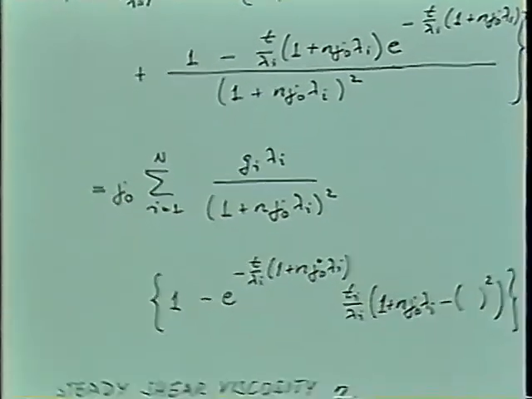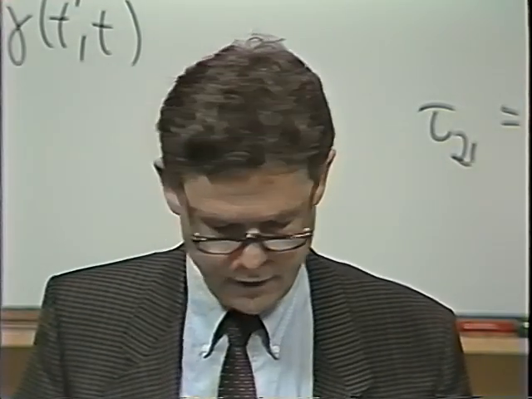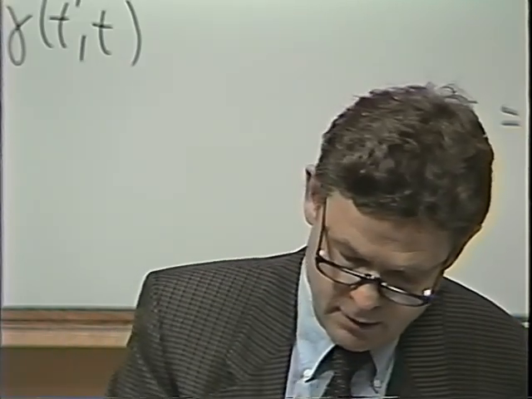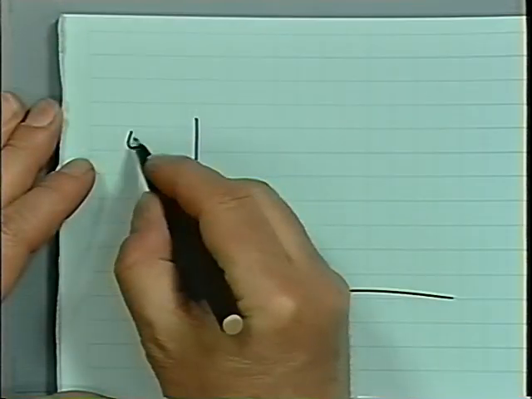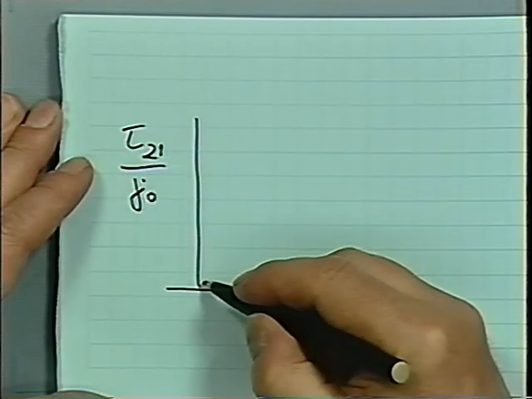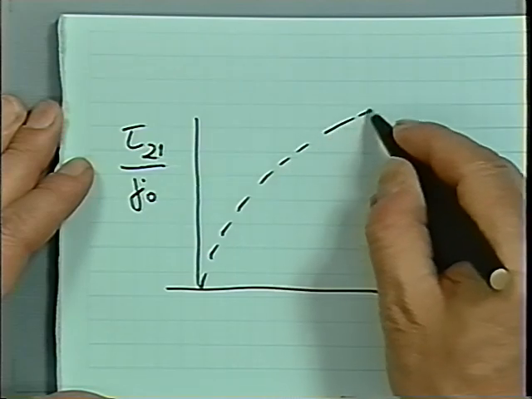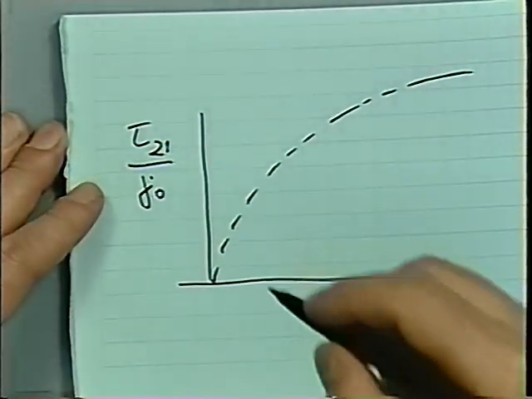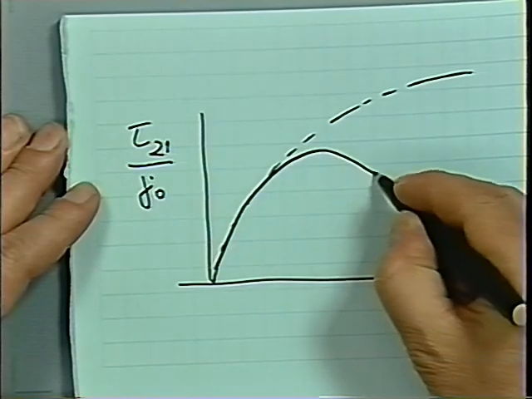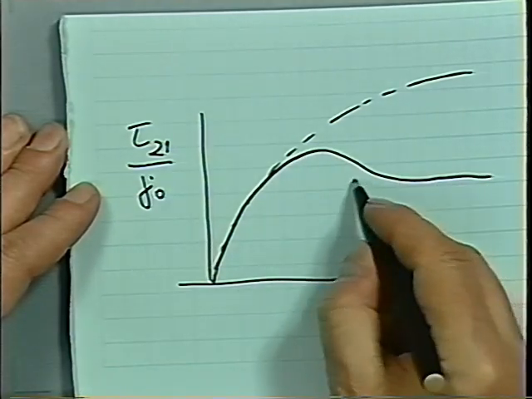And the transient part looks complicated because we really want to model a very complicated response. We want to have, say, the shear stress over the shear rate not following this nice evolution of linear viscoelasticity, but going through a maximum and then leveling off.